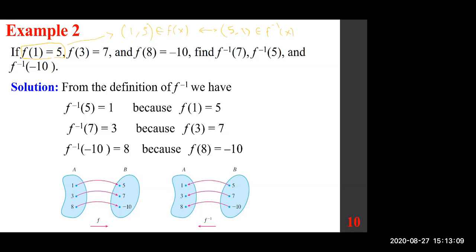Then the rest becomes easy, okay? So the moment you see f of 1 equals 5, the meaning is the pair 1, 5. Okay, class? And for inverse it means the pair 5, 1. That's all this. Okay, very straightforward.